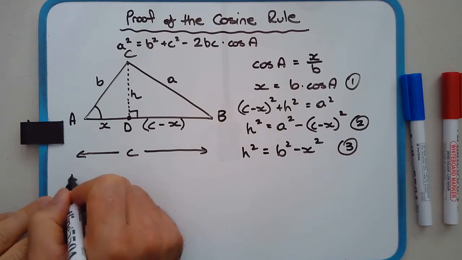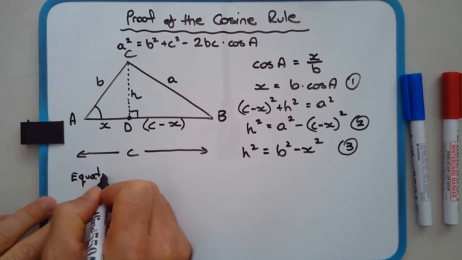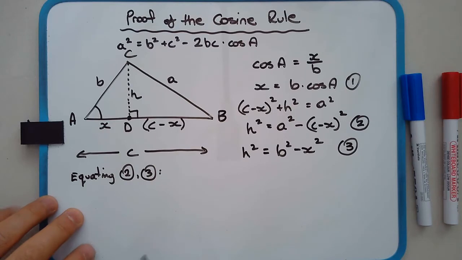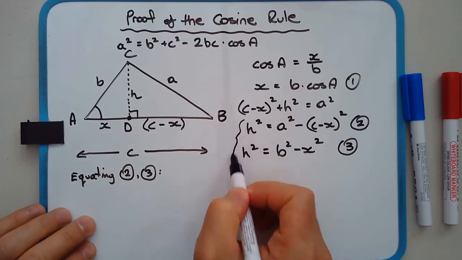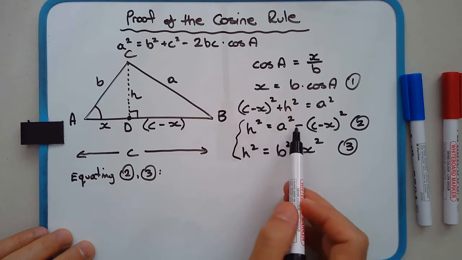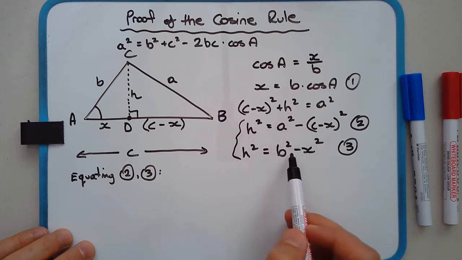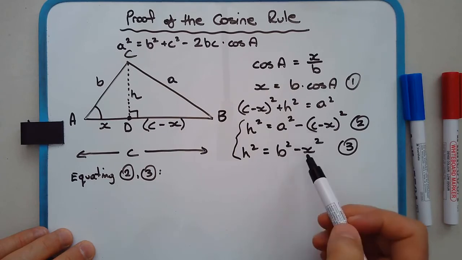Okay, so equating equations 2 and 3 via h squared. If the same left-hand side is equal to a different right-hand side, the two right-hand sides must be equivalent to each other.